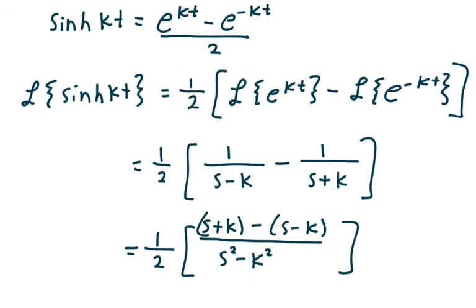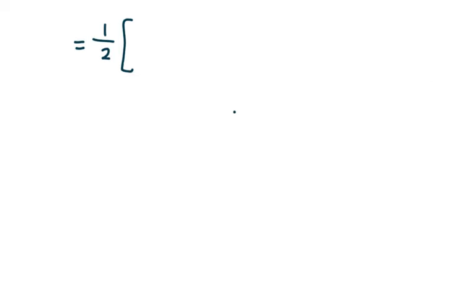And we get 1/2 of. So when the s's go away, we're just left with k minus a negative k, which is 2k, over s squared minus k squared. Okay? And the 2's cancel, and I'm finished.